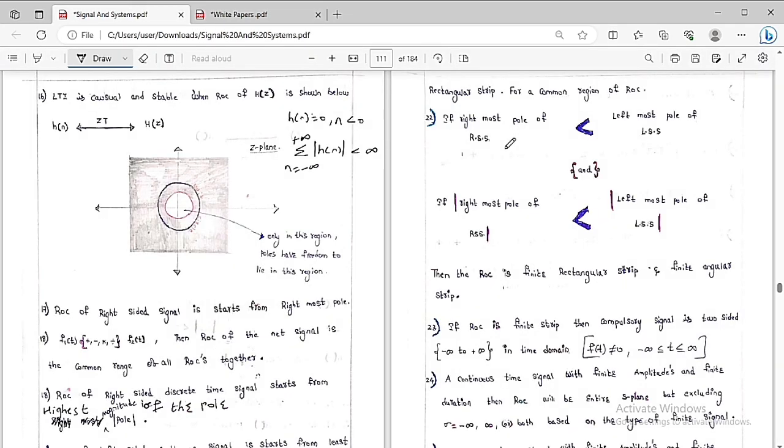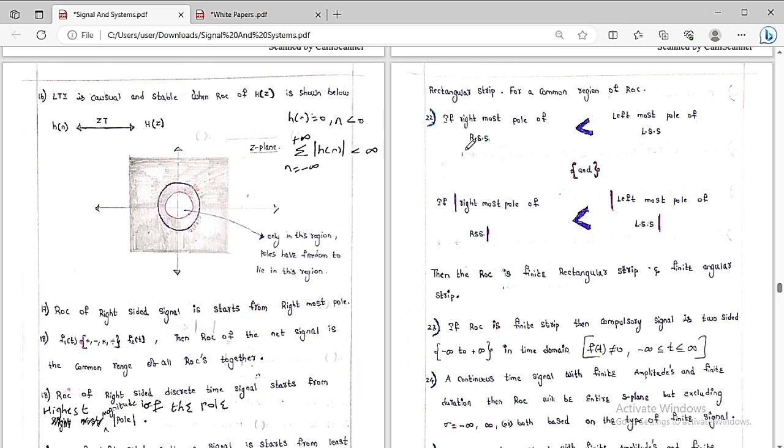Now we are going to discuss another point: if the rightmost pole of the right-sided signal is less than the leftmost pole of the left-sided signal. And here, not rightmost pole; it should be the highest magnitude pole.